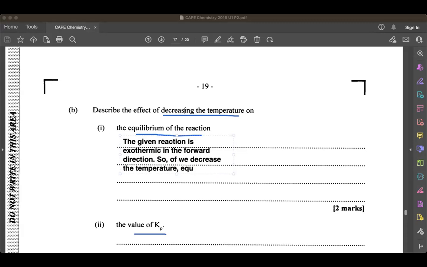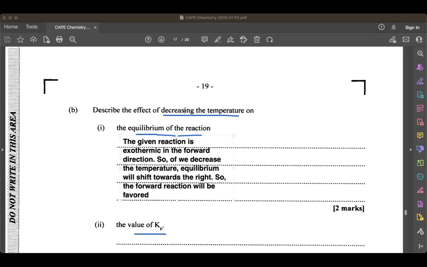And so equilibrium will shift towards the right, the forward. So in other words, the forward reaction will be favored.